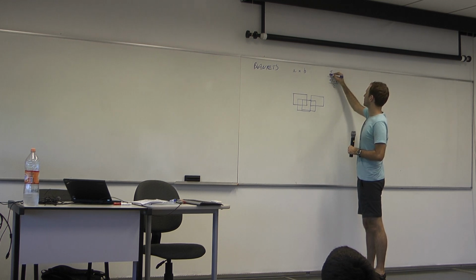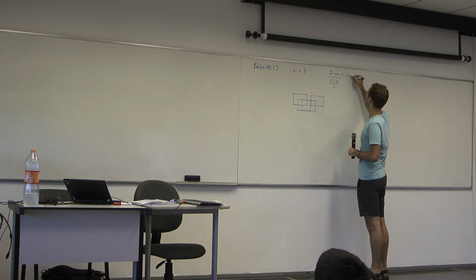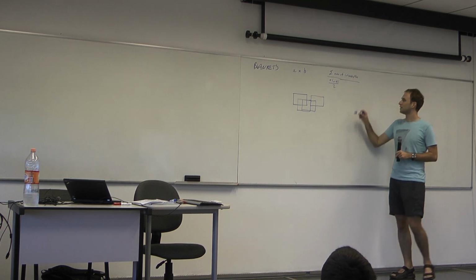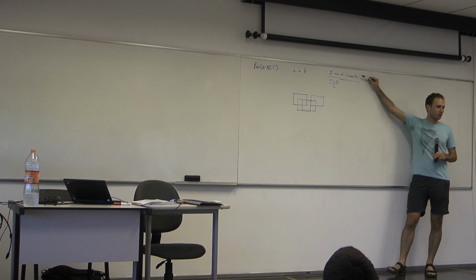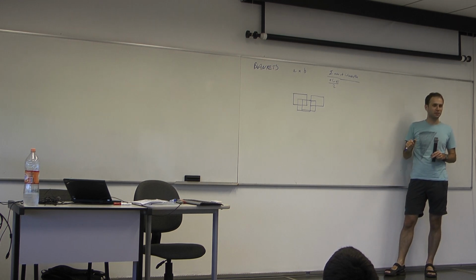The sum of area of intersections. Now, since this number can be very big, you could either use long double to store it. This actually turned out to be enough.